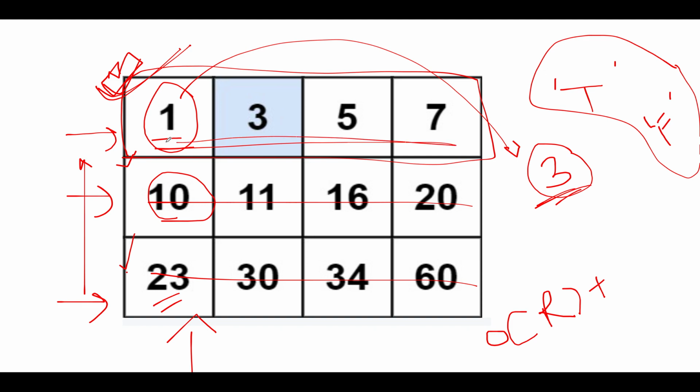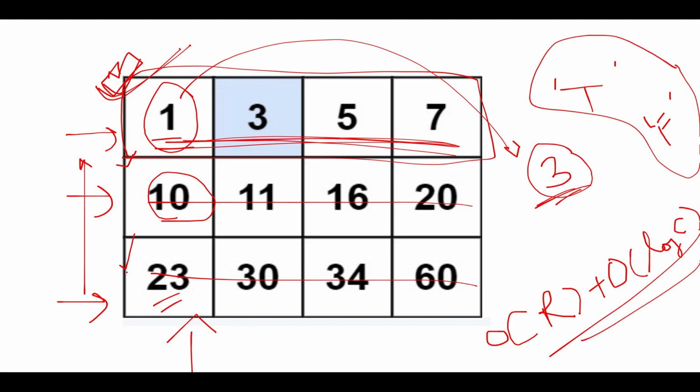Therefore, the total time complexity would be order of R plus log of C. This brings me to the end of the explanation, and let's quickly walk through the coding section.